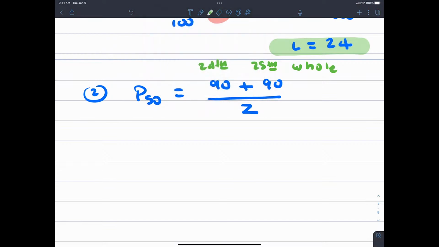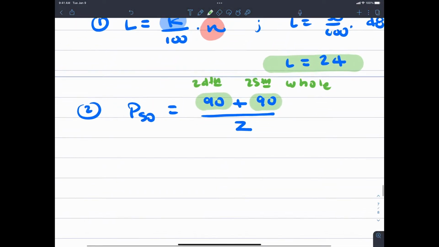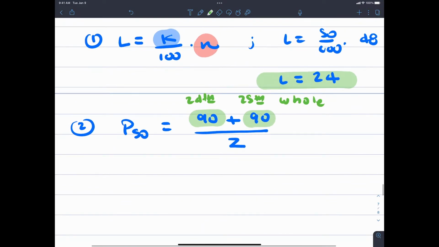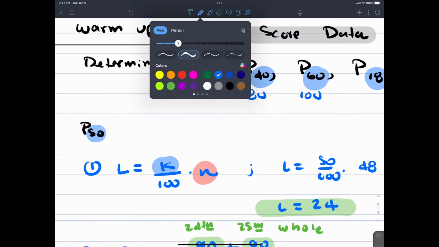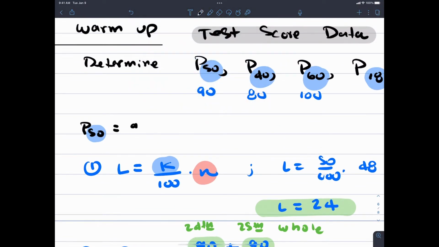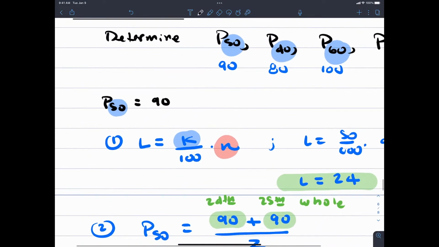You guys need those two. Okay. So what is midway between 90 and 90? Anybody know? 90. Good job. So ladies and gentlemen, what did you just find? The 50th percentile. Okay? That's the procedure.